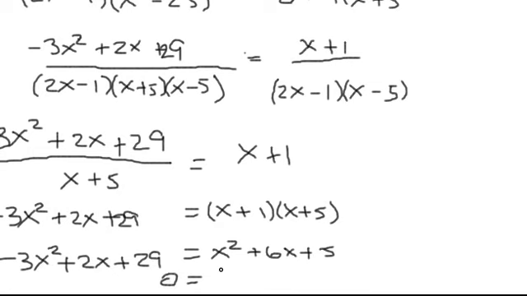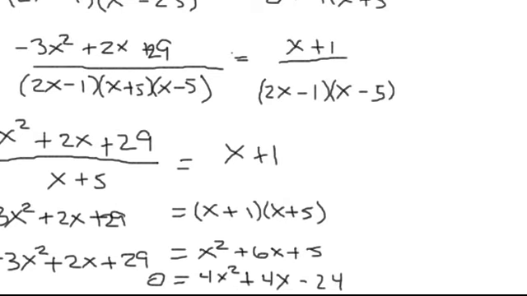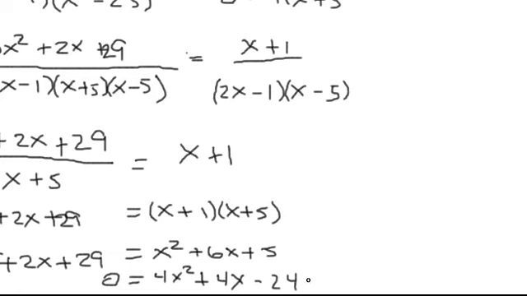So that's going to be 3x squared plus x squared is 4x squared. Taking the 2x over, that's going to be minus 2x plus 6x is going to be 4x. And bringing the 29 over, and 5 minus 29 is going to be negative 24. Now we need to factor this. We can actually pull a 4 out of there. Yes, we can.